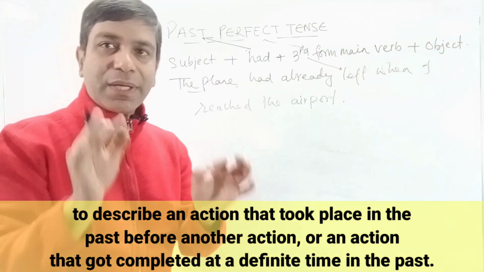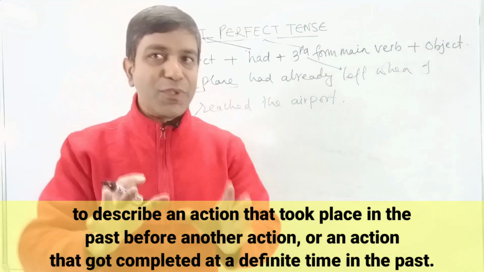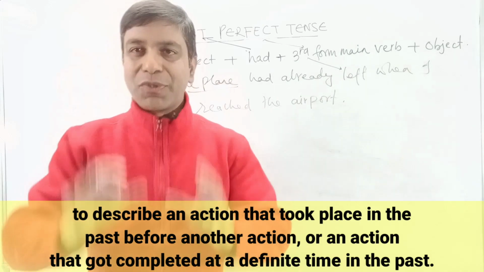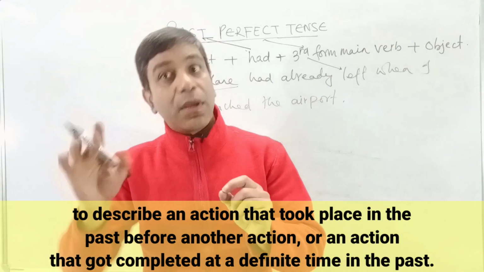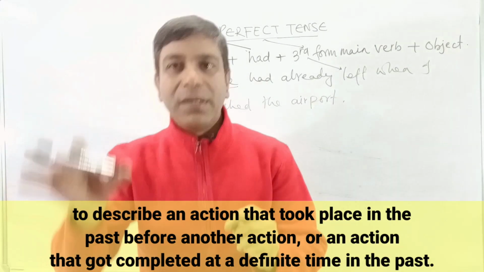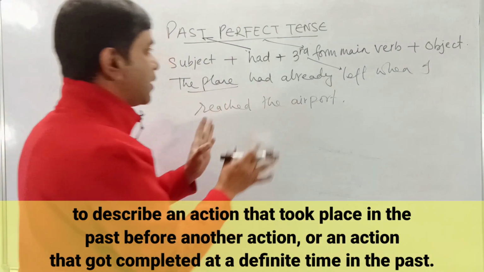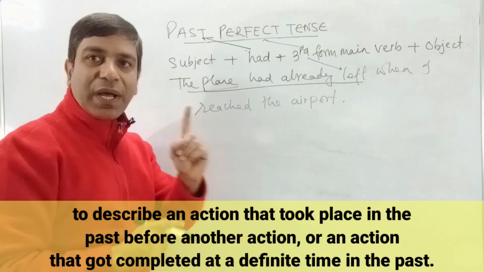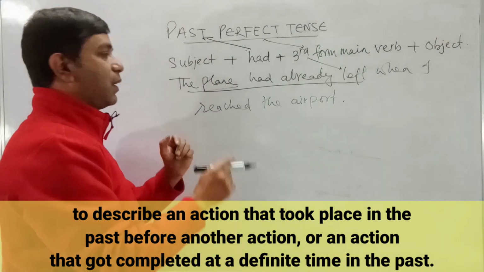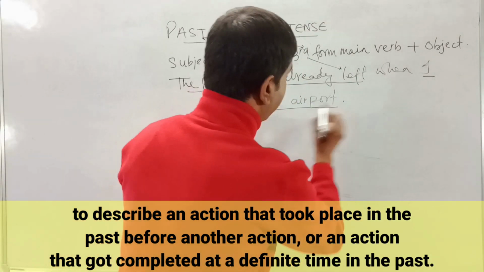Now according to the rule, when do we use past perfect tense? We use past perfect tense to describe an action that took place in the past before another action. So two things are happening in this sentence. First thing is the plane had already left, and another action is I reached the airport.